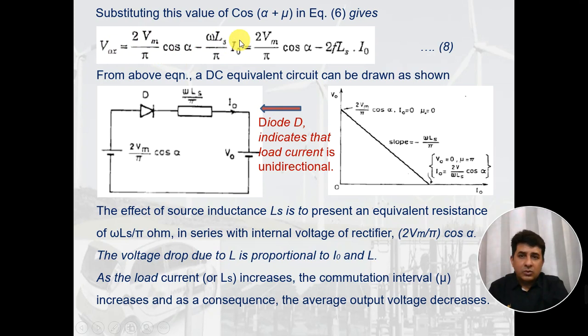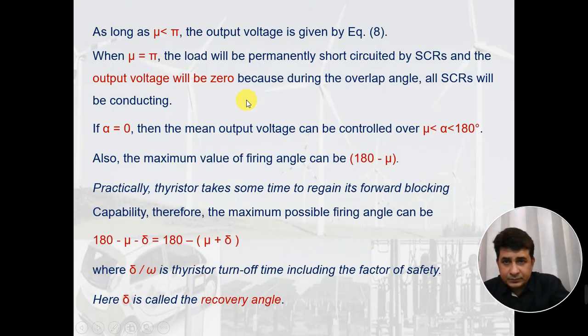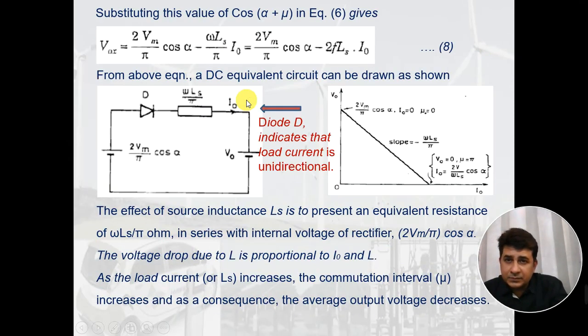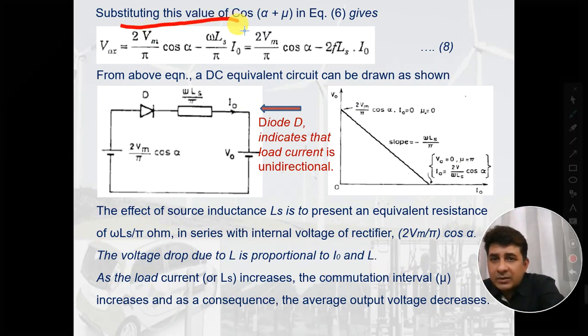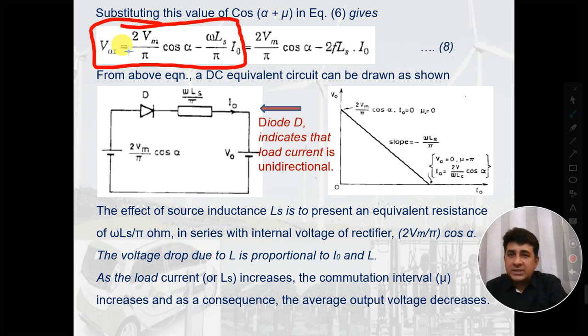Now just examine this equation. 2 Vm by pi, let us forget about this. This is the same, just here this omega is replaced by frequency. If you examine this equation, the output voltage is 2 Vm by pi cos alpha minus omega Ls upon pi into I naught.